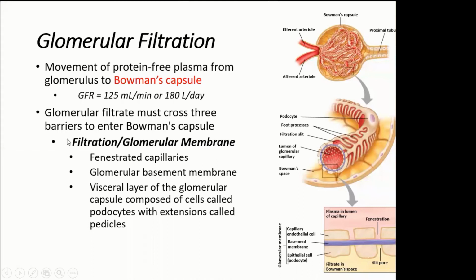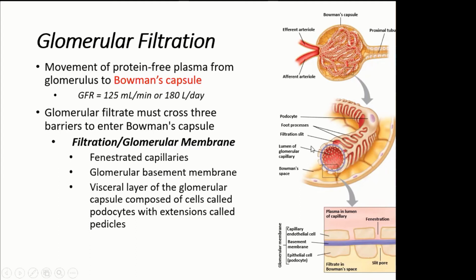Okay. So we can get so much plasma filtering out because of the structure of the cells that lie around the glomerulus. So here we see a zoomed in part of the glomerulus, and here we see some of these cells that make up Bowman's capsule.